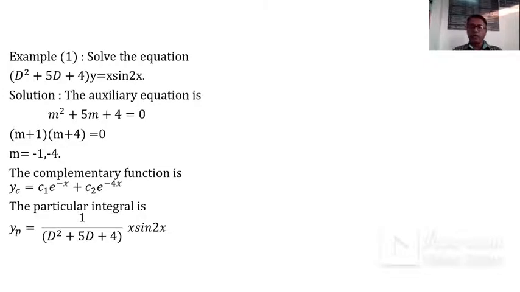Now we use our result: 1 upon f of D operate on x into v is equal to x 1 upon f of D operate on v minus f dash D upon f of D whole square operate on v. We use this result for this example, where f of D is D square plus 5D plus 4 and v is sine 2x.